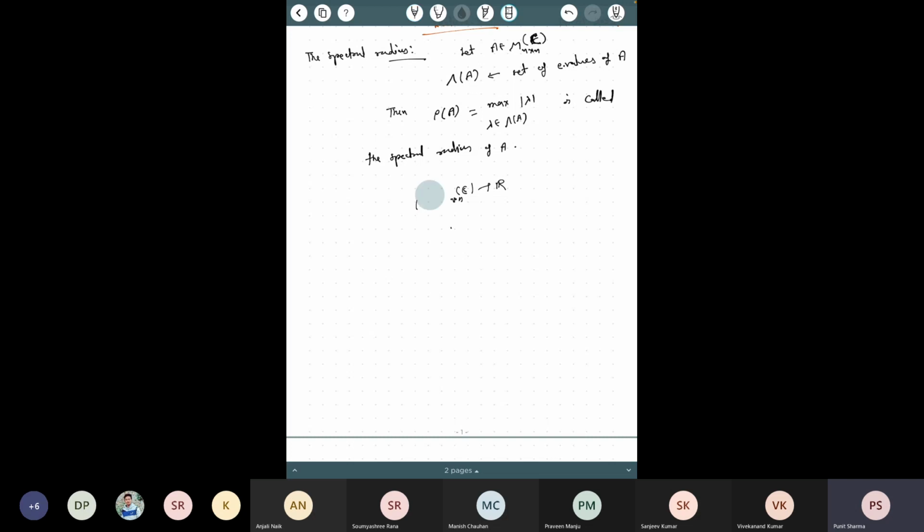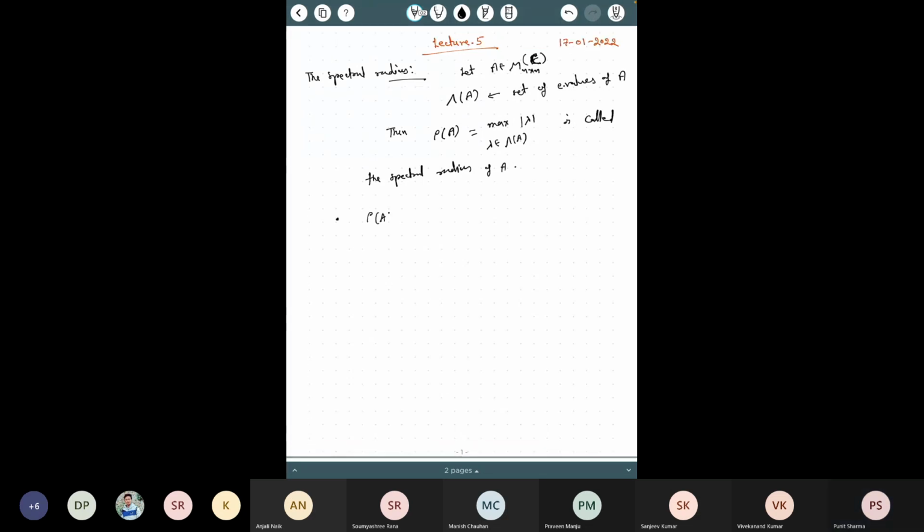Why is this not a vector norm? You can construct any example, but for simplicity, let us look at this example. What I want to say is that rho of A, this function, is not a norm. Why? Let us look at this matrix.